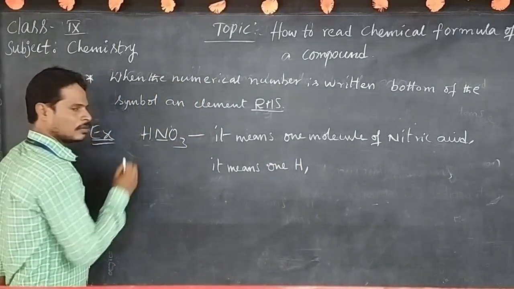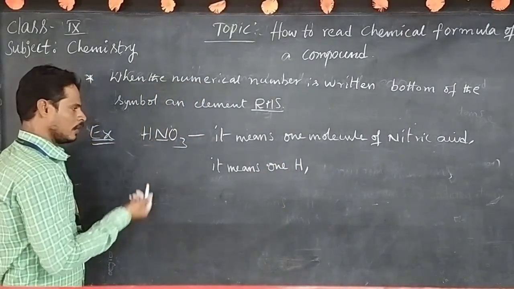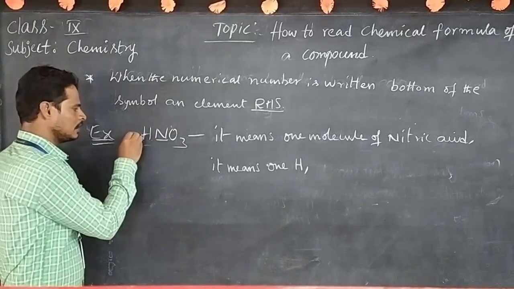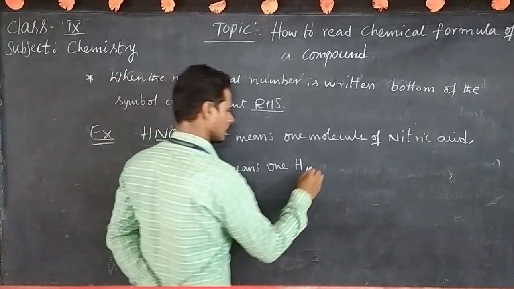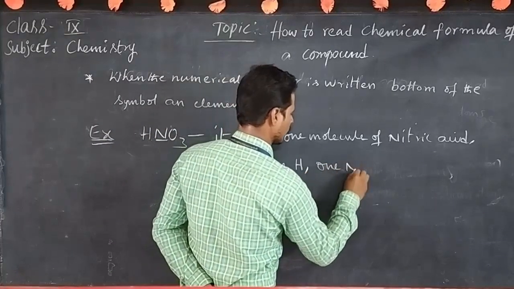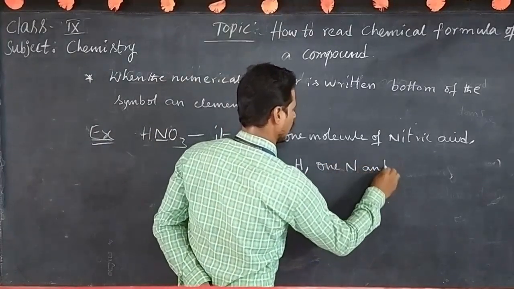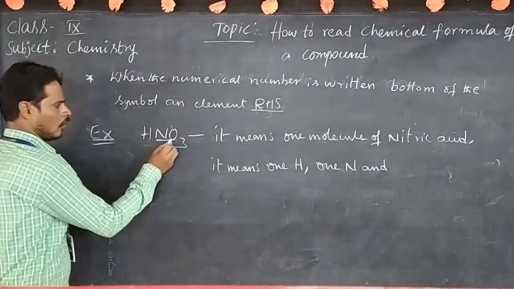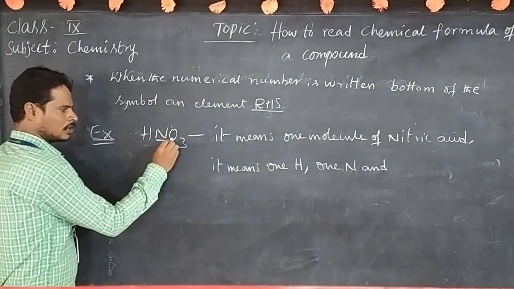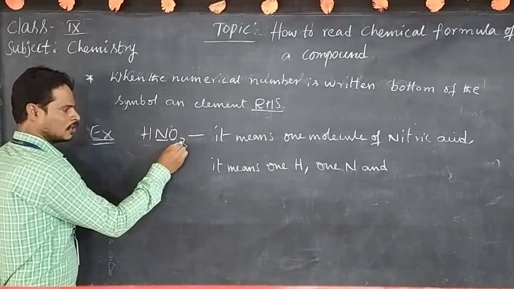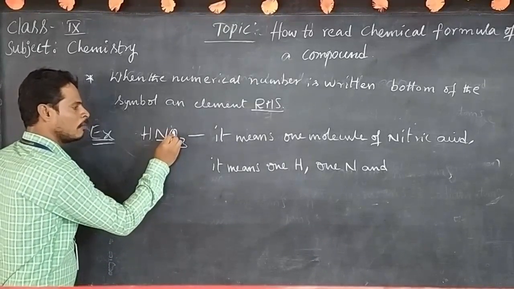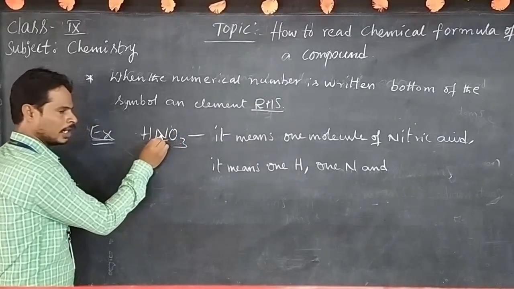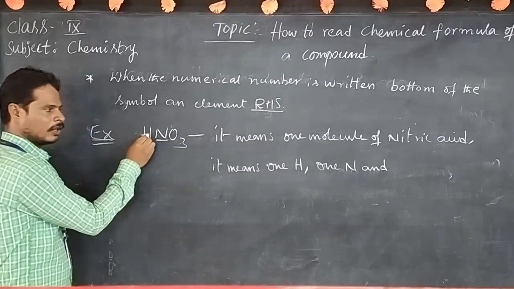So here is the nitrogen. Is there any number? There is no number. In front of nitrogen, is there any number? No number. That's why we consider it as one nitrogen. And here oxygen. Beside oxygen, a subscript number is attached. This number tells about only the number of oxygen atoms, but not nitrogen or hydrogen.